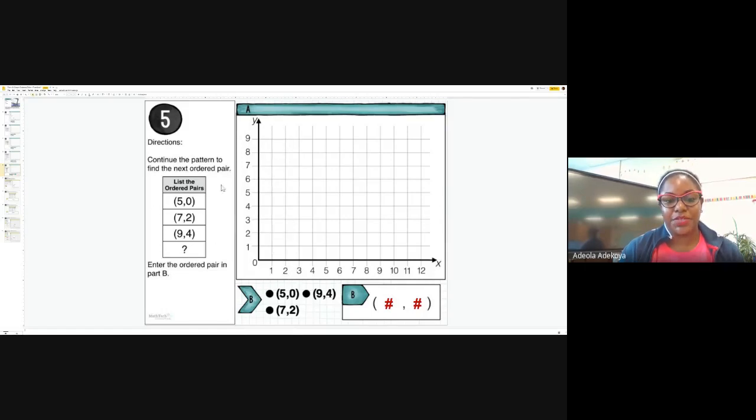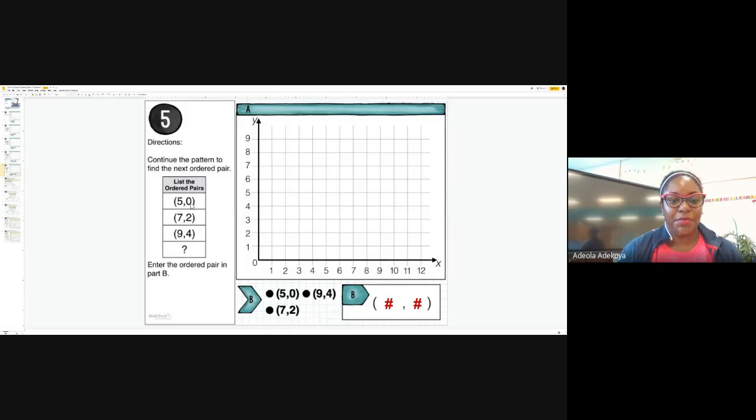These ordered pairs right here are also the points. They tell me the exact location on this coordinate grid, on the coordinate plane right here. So all the numbers that appear first are my X coordinates, and then the next ones are my Y's.